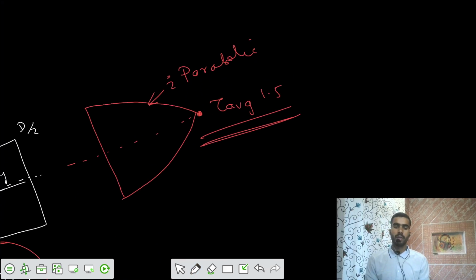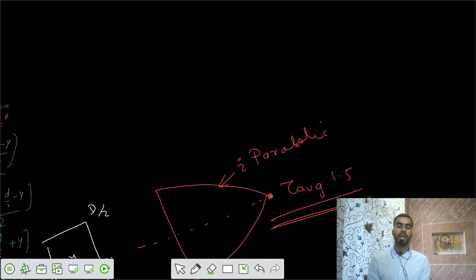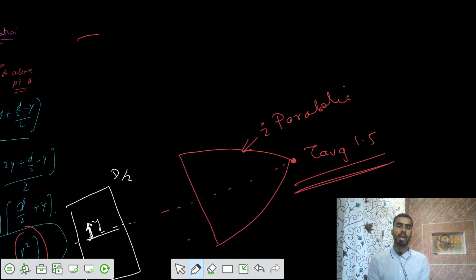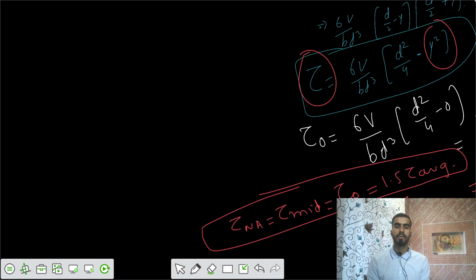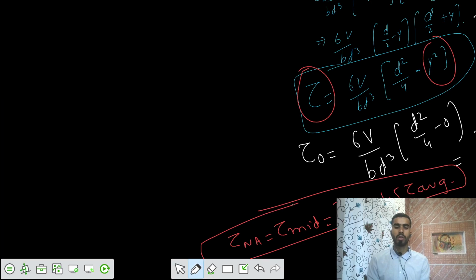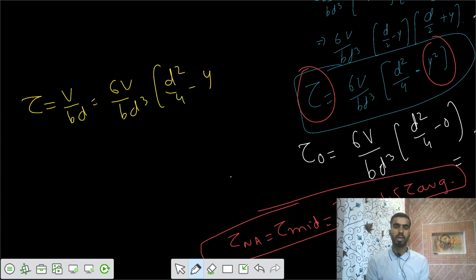So if you want to know at what location the shear stress equals tau average, the average shear stress, that is V by bd. Now if you substitute tau equals V by bd in this equation, you get the location where the shear stress equals the average shear stress. Let's say tau equals V by bd, that equals 6V by bd cube, d square by 4 minus y square.